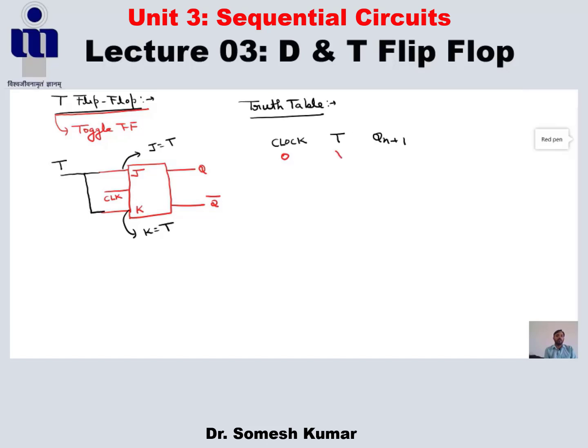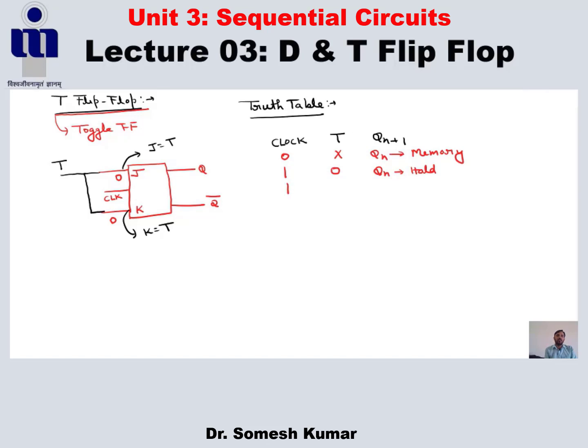The output remains in the previous state, that is called memory. What happens if the clock is 1 and T is 0? If T is 0, both J and K become 0, 0. What is the output when both inputs are 0, 0? It remains in the hold state. So Qn plus 1 is equal to Qn in that case.